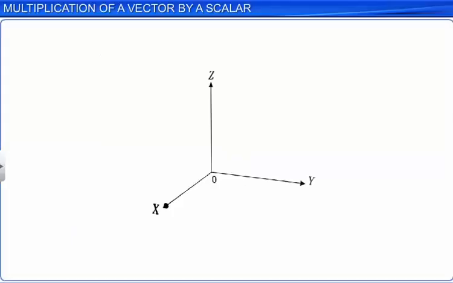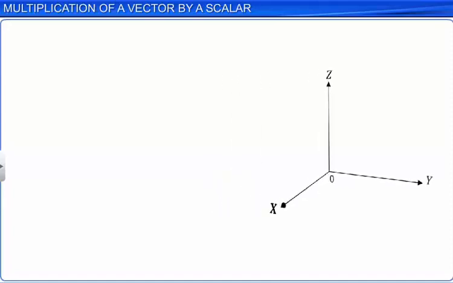Consider a three-dimensional coordinate system. Let P be a point in space with coordinates x, y, z. Let us draw a perpendicular PA from point P onto the XOY plane. Let Q and S be the feet of the perpendiculars drawn from point A to the X and Y axis respectively.